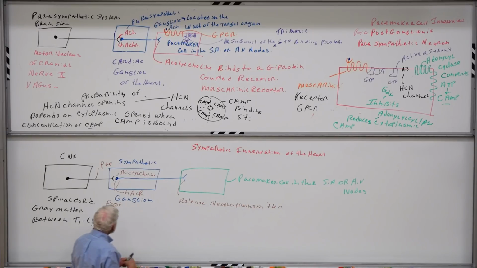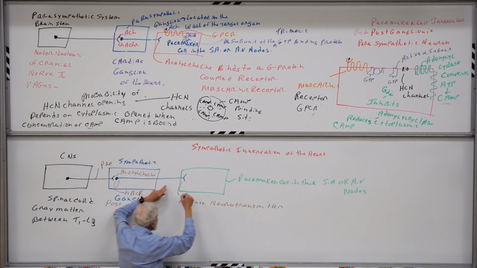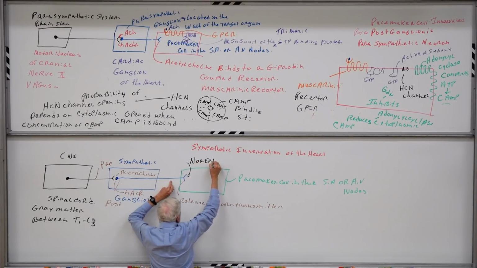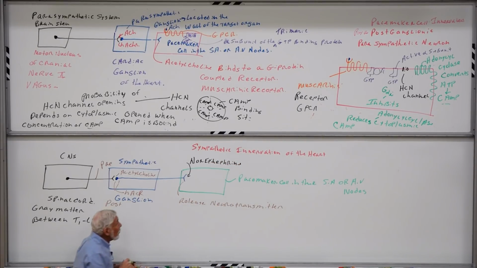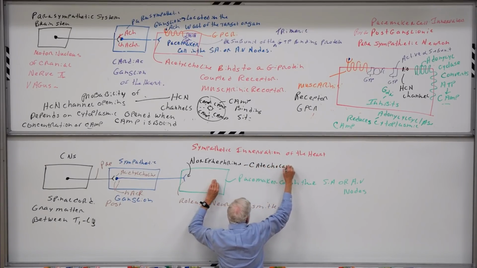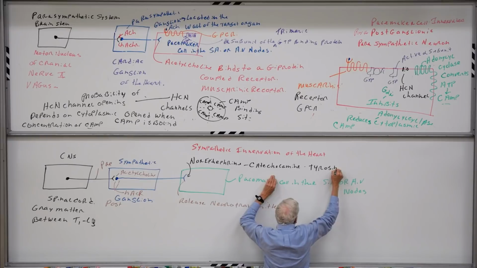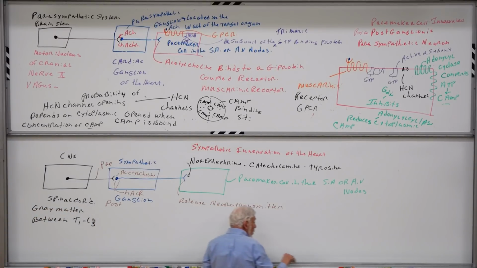Now, the neurotransmitter released by this postganglionic sympathetic neuron is norepinephrine. Norepinephrine is sometimes known as a catecholamine. It's in fact one of these molecules derived from tyrosine. Again, we have this story that the target is going to contain a G protein coupled receptor.